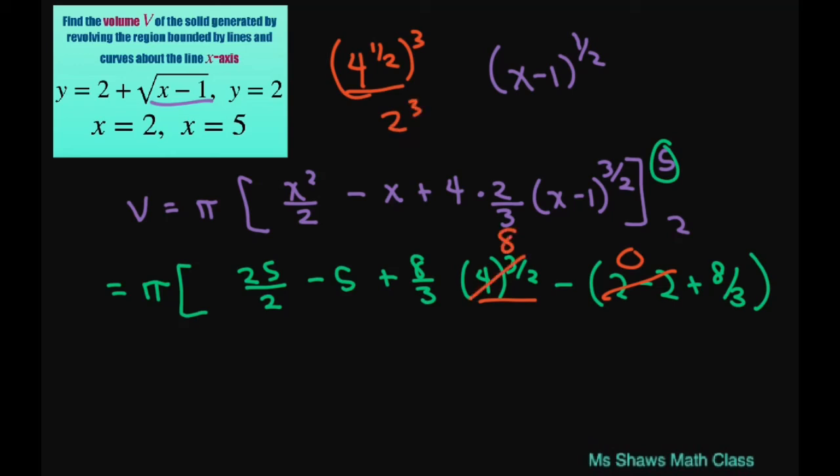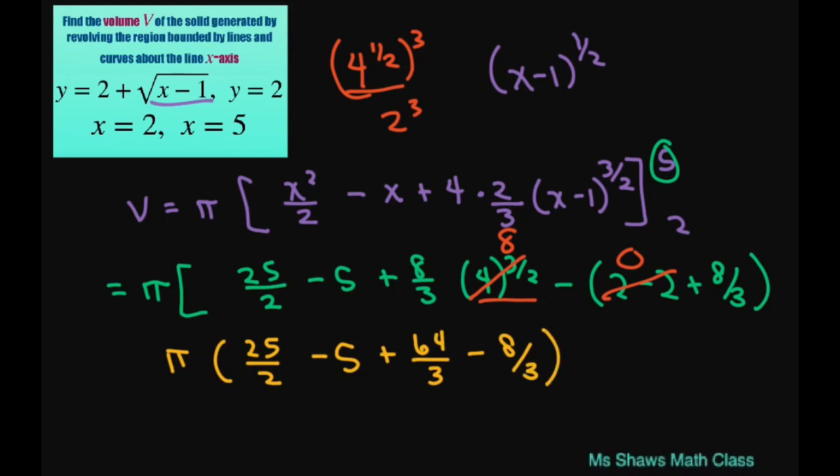So let's finish this up. This is going to give me pi times 25 divided by 2 minus 5 plus 64 divided by 3 minus 8 thirds. All right, and this will give me pi times 25 divided by 2 minus 5 plus 56 divided by 3.